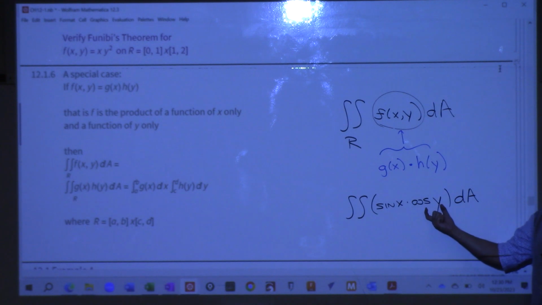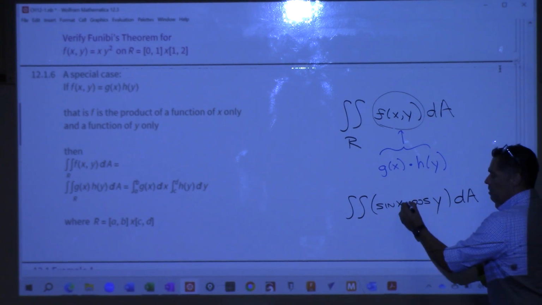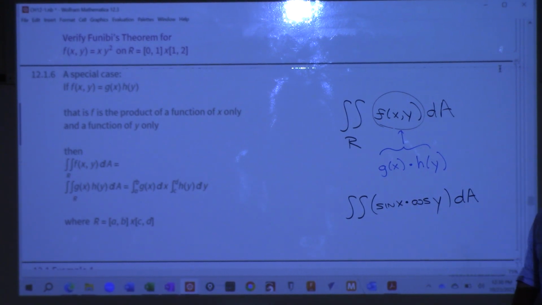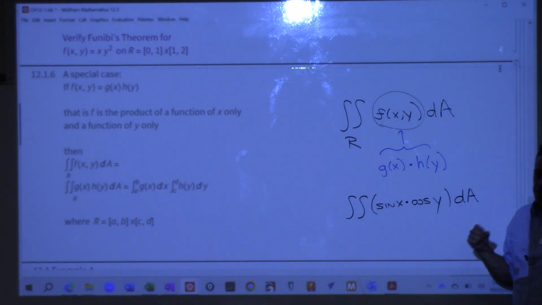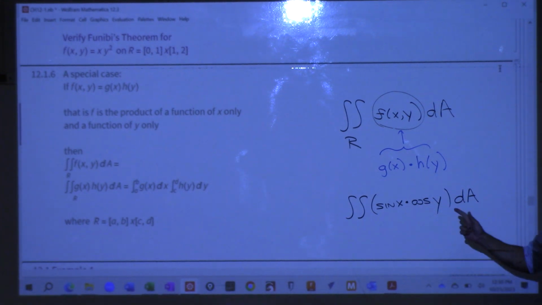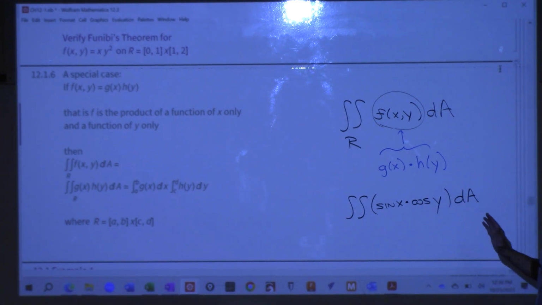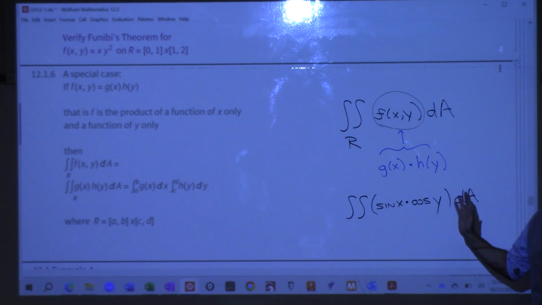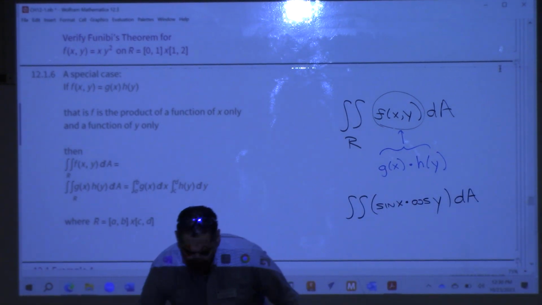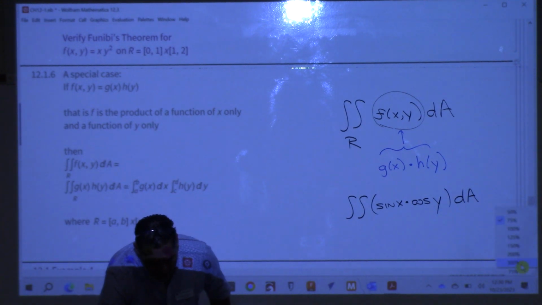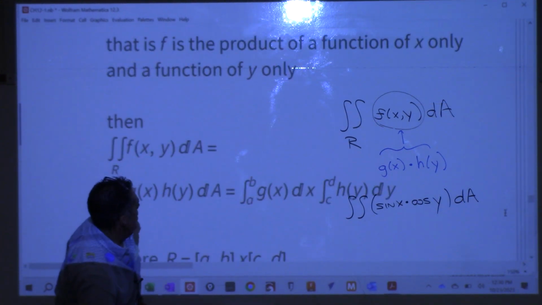And this right here is some function of y, and they are separated from each other with multiplication. If you can separate the x's from the y's through multiplication, then you don't have to do any of this double integral stuff. All you have to do is do them separately and multiply the answers.